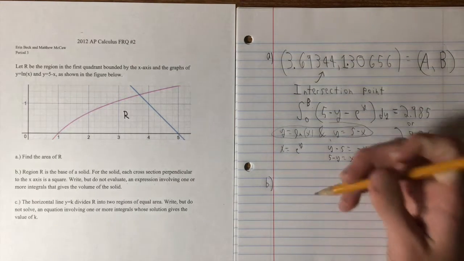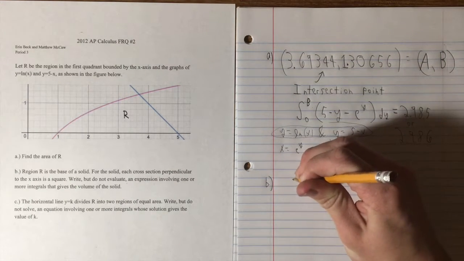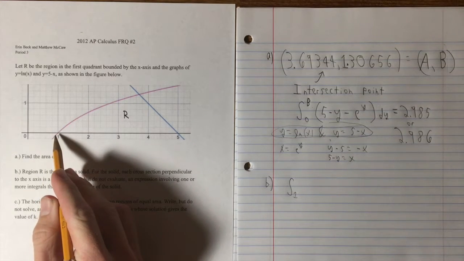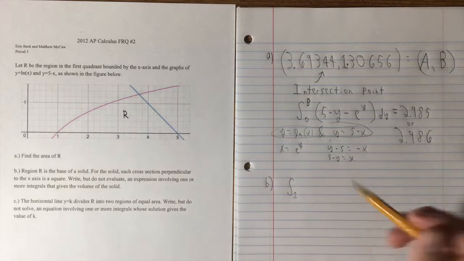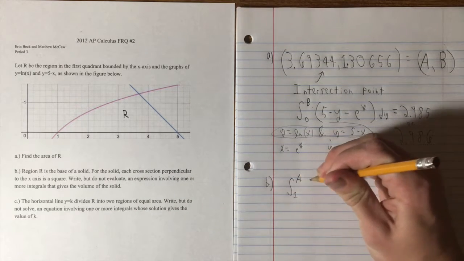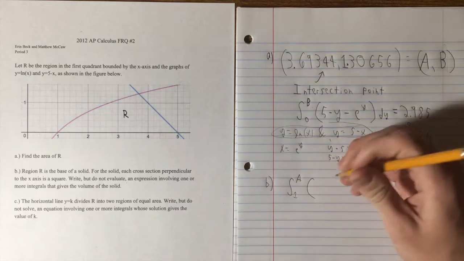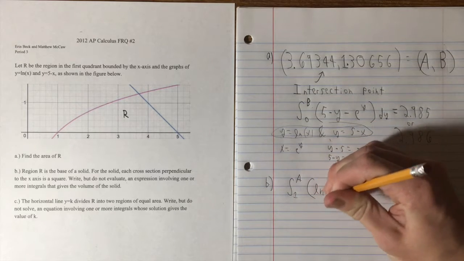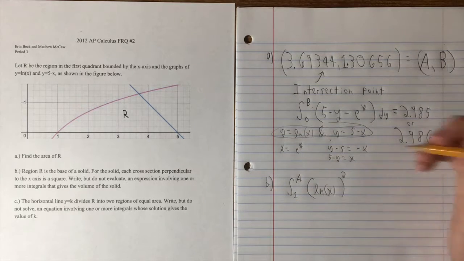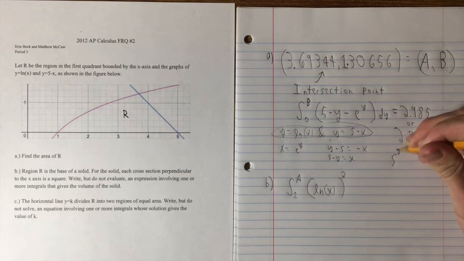Alright, so our first integral is going to look like this. It's going to be from 1, because that is where the first graph crosses the x-axis, to a of just the first equation, ln of x. But remember that's going to be squared, because the area of a square cross-section is just s squared.